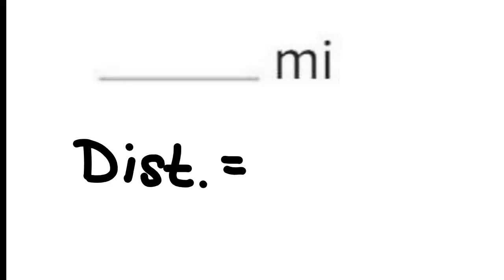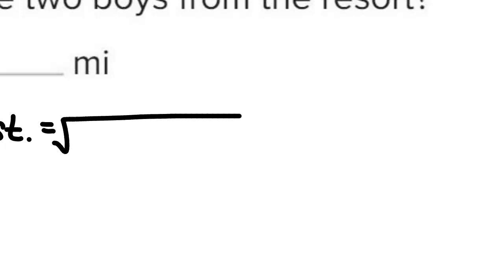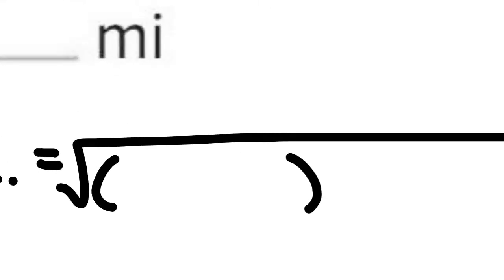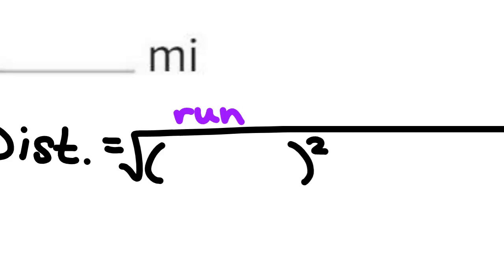Since I don't have named points here, it's not like I'm finding the length of segment ij, but I still want that distance. I'm going to do dist for distance equals, and then I'm going to put in my big, long square root sign here. All right. I need my run. We're going to take that and square it. So I do x2 minus x1.